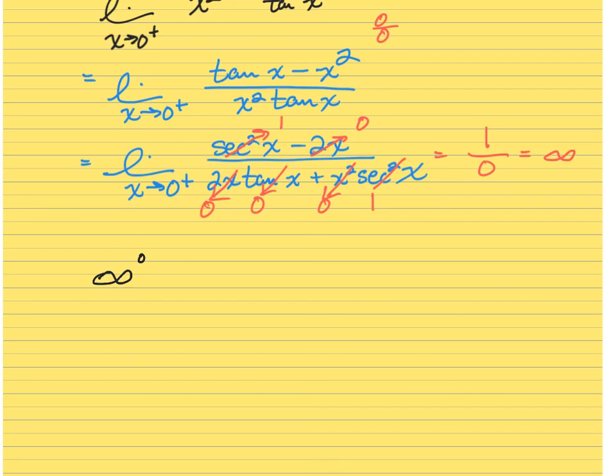Again, this is going to be something where you want to change it so that it's infinity over infinity or 0 over 0, and then apply L'Hopital's. And 0 raised to the 0, something really tiny raised to something really tiny. There are some examples of those kinds of things in our book.